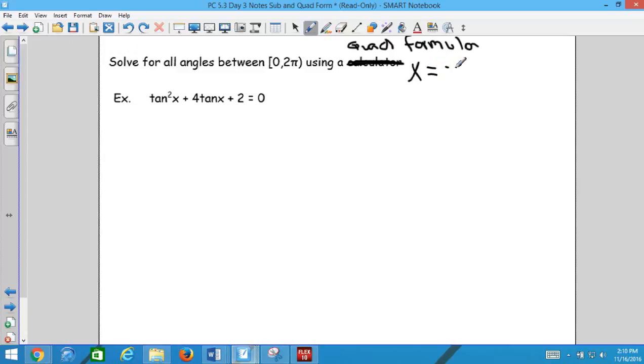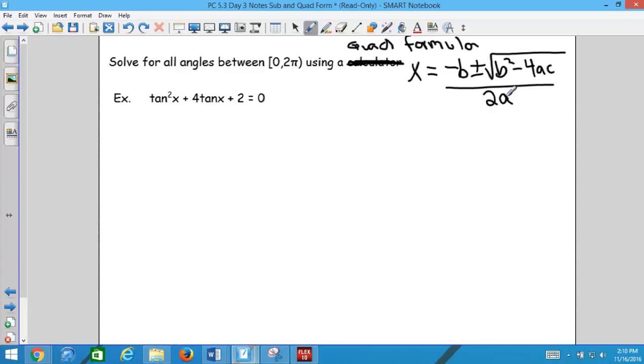X equals opposite b plus or minus square root b squared minus 4ac all over 2a. If you don't know the quadratic formula, you have to know it. It's a requirement for math skills. If you don't know it and you're using it wrong, you're going to get it wrong.